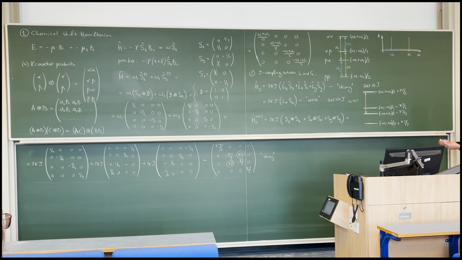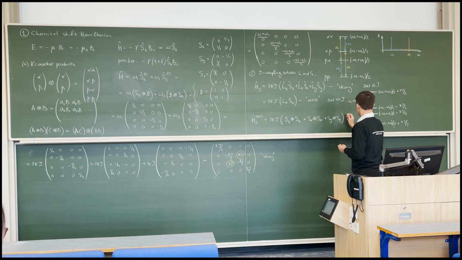If we look at the second yellow transition, this one, that level has gone down, that level has gone up, so the gap has shrunk. And so this transition is omega 1 minus pi j.